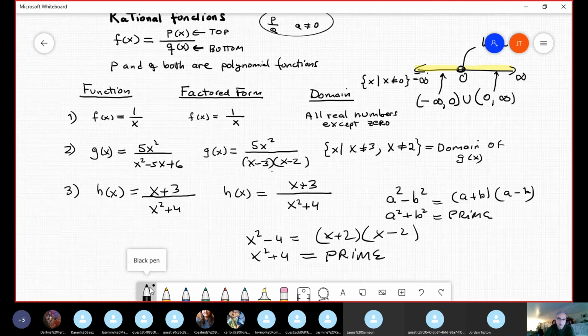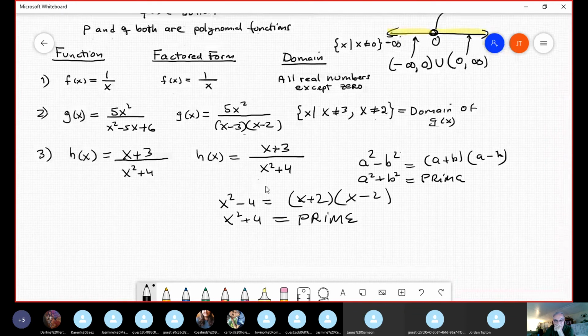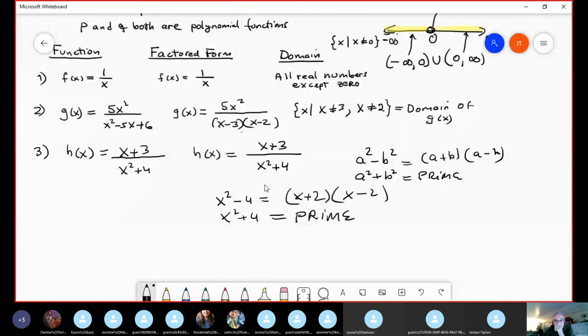Suppose another point of view. Suppose I have no idea of that part. You take the polynomial in the bottom and force it to be 0, because I want to investigate the bad guys, and you solve this quadratic equation. The best way is to solve for x squared.